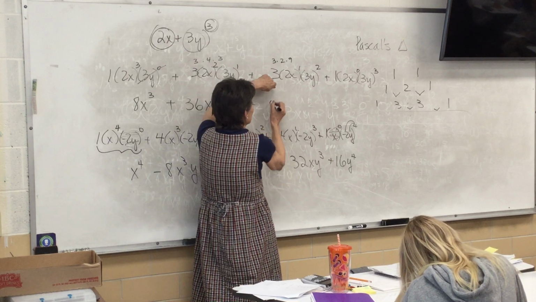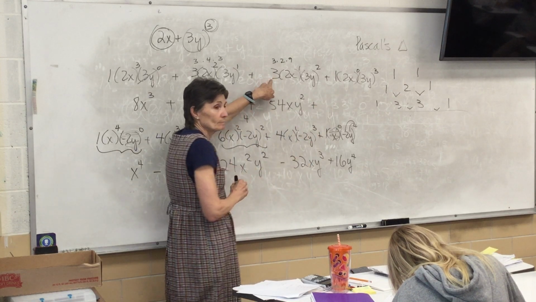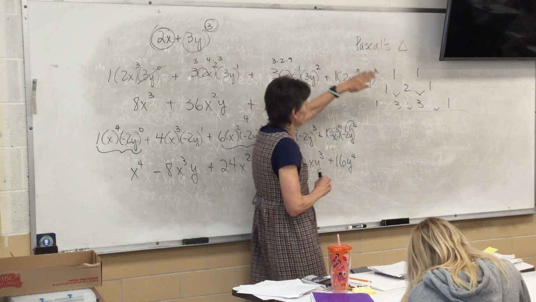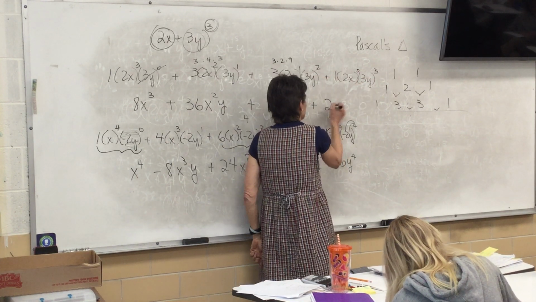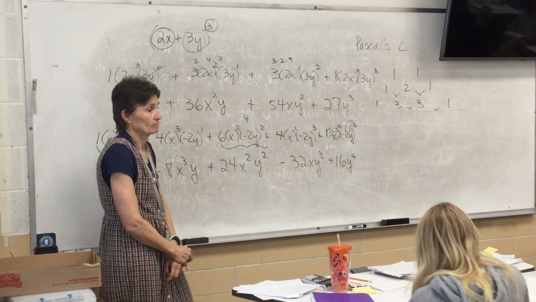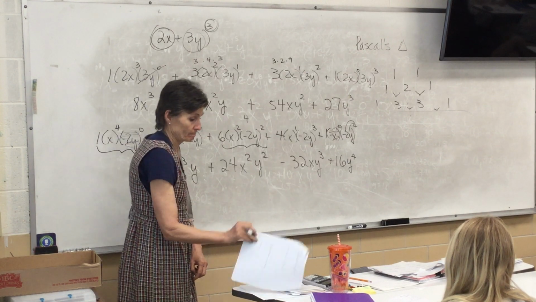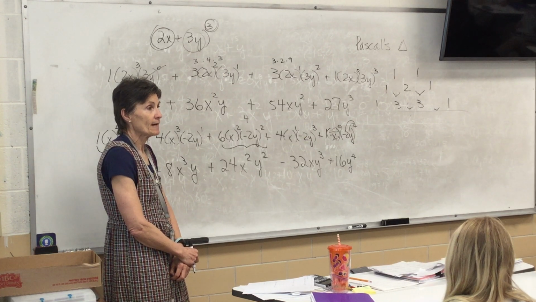So that one's 54 x y squared. What's on the end? y cubed. Everybody okay with that?